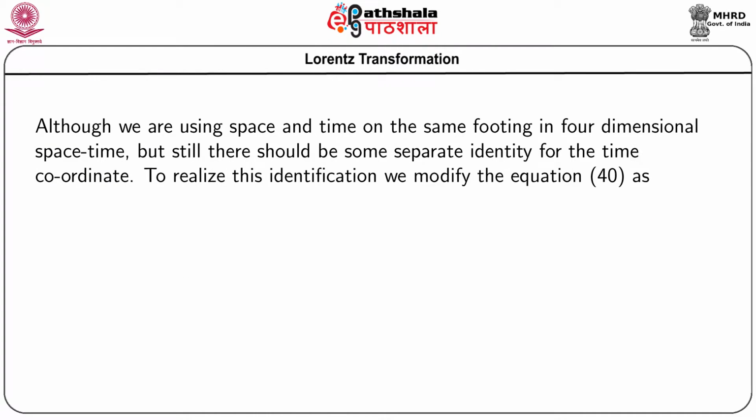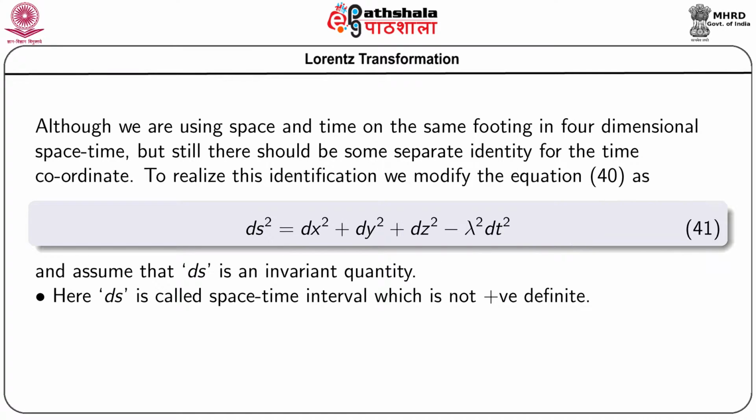Now, although we are using space and time on the same footing in 4 dimensional space time, still there should be some separate identity for the time coordinate. To realize this, we modify the equation to ds square equals dx square plus dy square plus dz square minus lambda square dt square, assuming that ds is an invariant quantity.